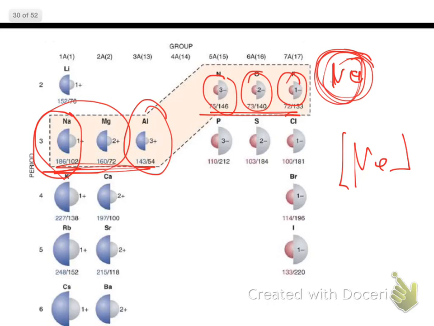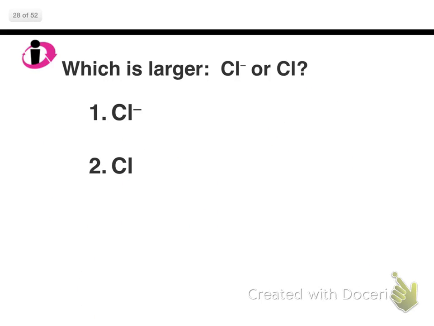So let's think about what we have. In all cases, we have the same number of shells and the same number of electrons. The only thing that changes is I now have more protons in the center as I go from nitrogen through to sodium through aluminum. Let's take a look at the trends.